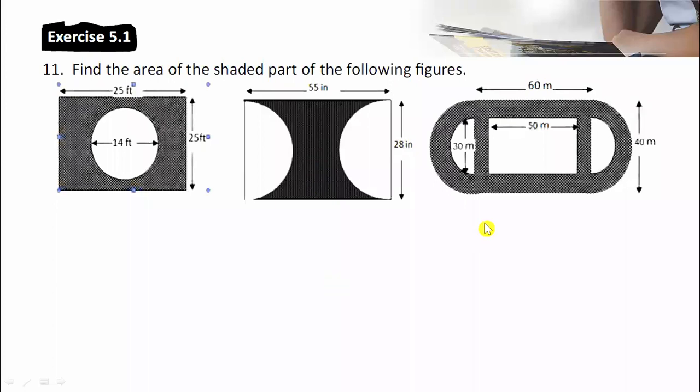Now look at question number three. In the third figure, if we divide this into parts, it will be like this one. Look at this one. What are you observing here? It is a rectangular shape and there is the shadow inside the rectangle, isn't it?